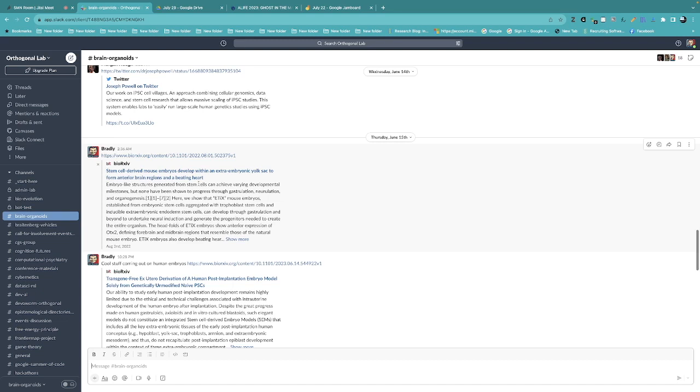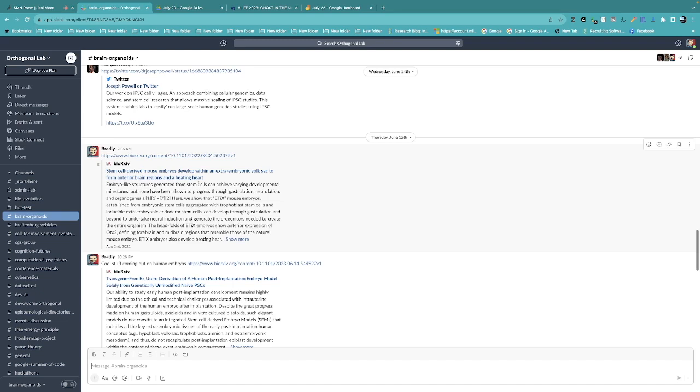You can't, for example, implant this type of embryo into a uterus and have it grow to be a juvenile, a newborn. The other thing is that you do get some really interesting results in terms of tissue layering and things like that. So in some of these models, they get things like anterior brain regions and a beating heart.